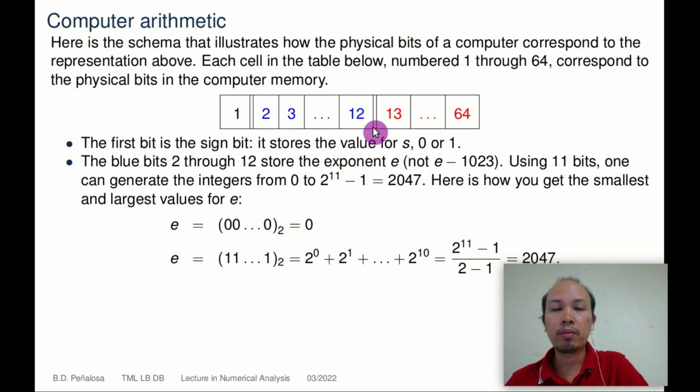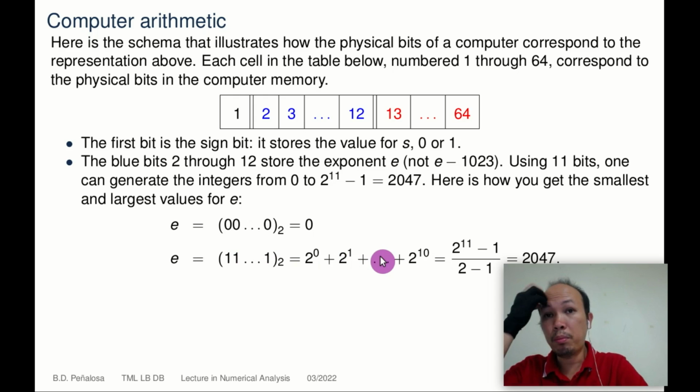As you can see here, the smallest value for e is 0, so we have all zeros here, which in decimal is 0. And the largest number is 1, 1, 1, 1, and so on. We already know how to convert this binary number to a decimal number.